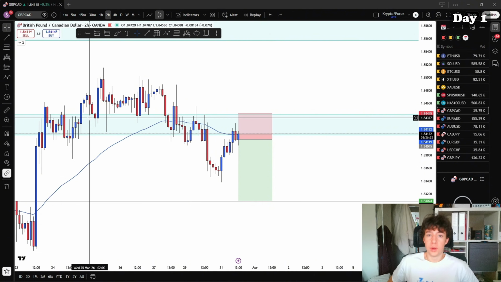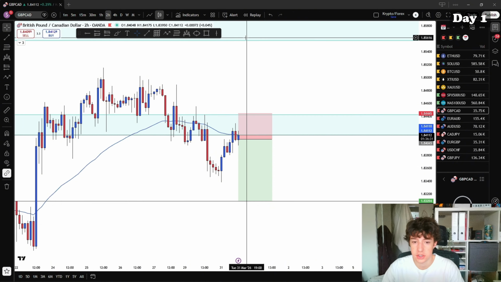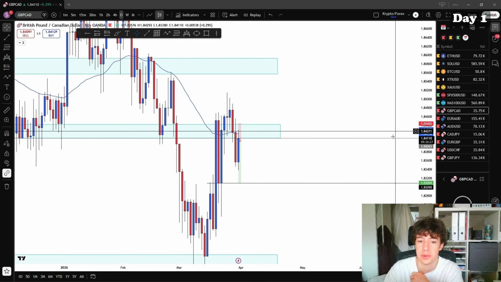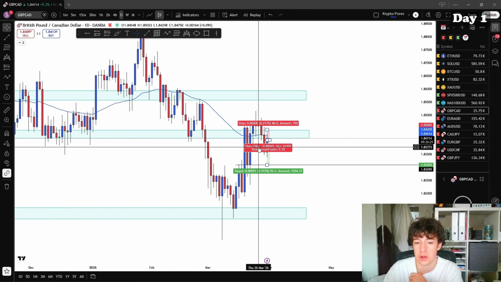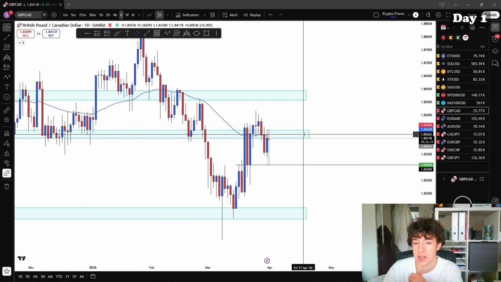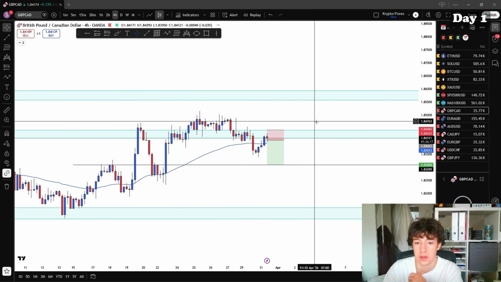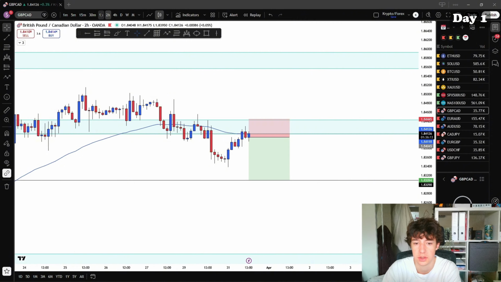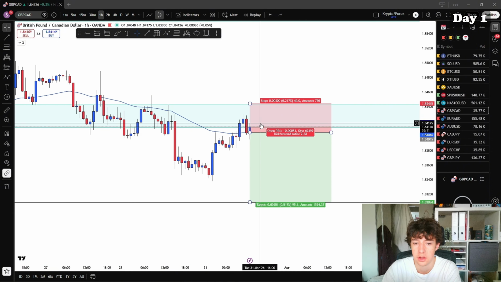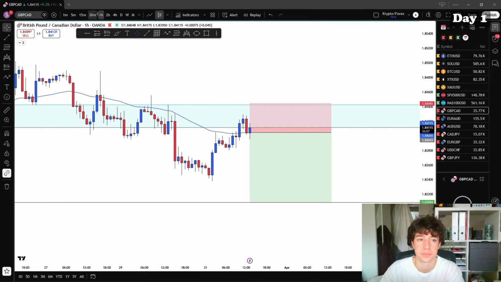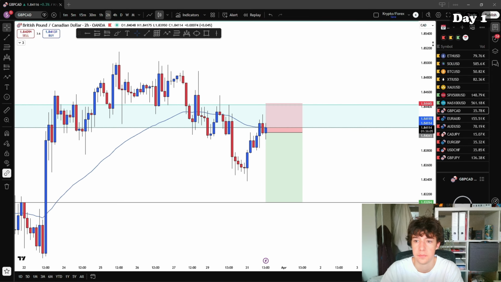So yeah, quick market update. I just entered this trade right here, GBP CAD. We closed under on the daily, got the retest to the EMA and the little bit of round psychological level and area of interest. On the 4 hour we don't have a rejection yet, but we got an engulfing on the 1 hour, and I thought it could maybe go down now.